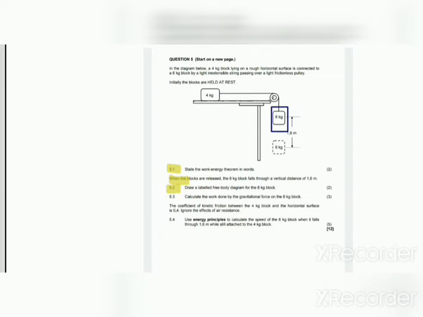So we know that we have the tension pulling upward, and of course the block is hanging off the table, so we would have its weight, or its force due to gravity, acting downward. Those are the two forces acting on the 6 kilogram block.